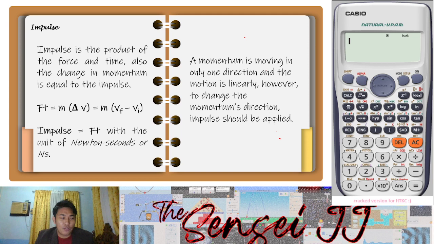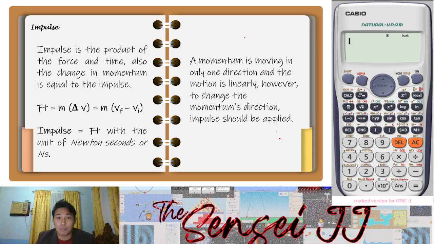For example, a bullet. That one is too small, and if you want to change the course of the bullet, what are you going to do? If you touch it with your hands with a minimum contact or a minimum force applied, nothing will happen. Baka masaktan ka lang or masugatan ka pa.